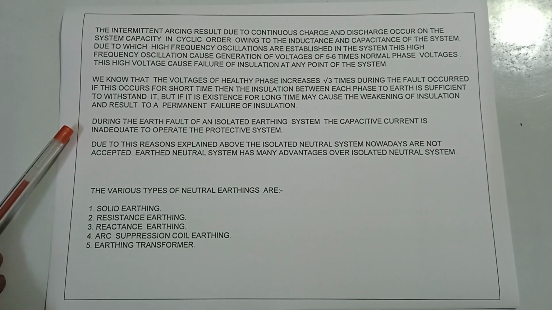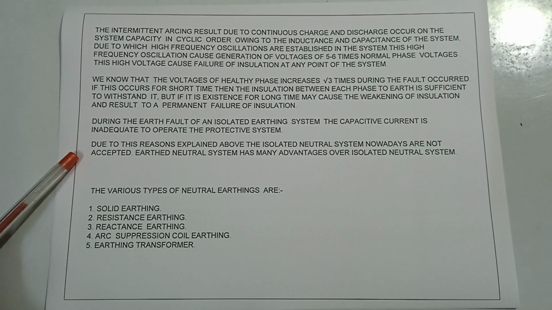During an earth fault in an isolated earthing system, the capacitive current is inadequate to operate the protective system. Due to the reasons explained above, isolated neutral systems are nowadays not accepted.